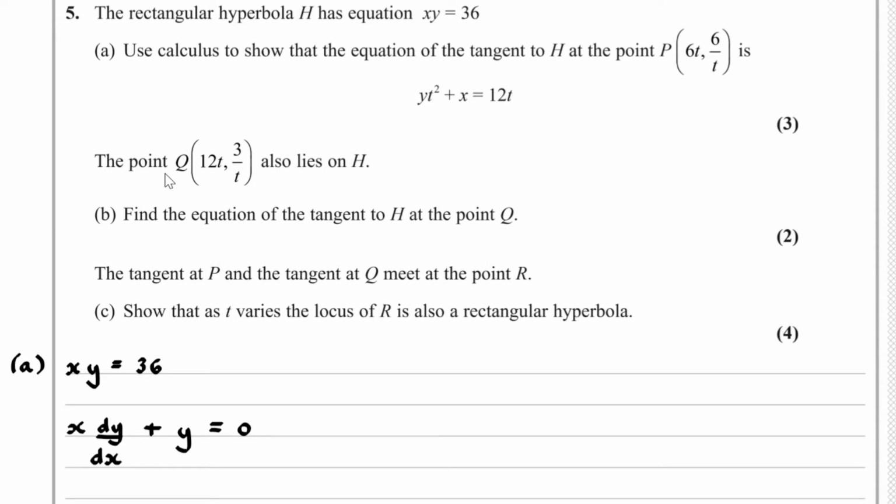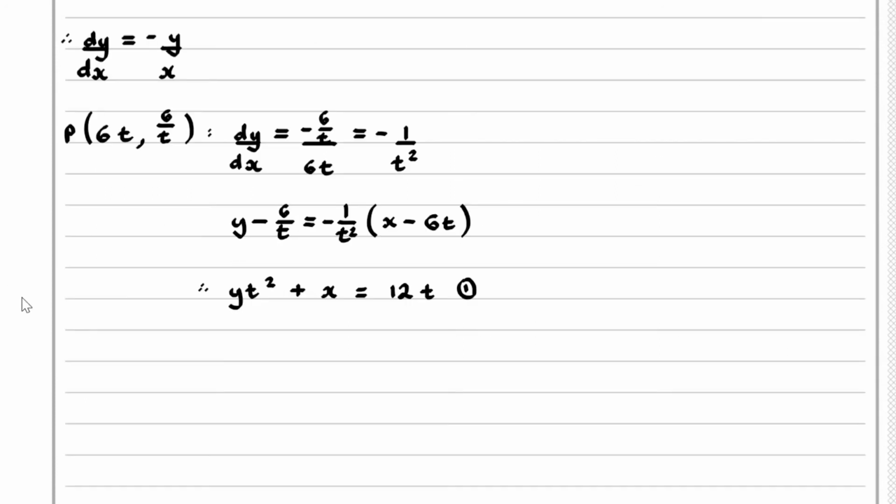For part B of the question, the point Q with coordinates 12t and 3 over t also lies on H. We have to find the equation of the tangent to H at the point Q. Well, we've got the same idea over here. Instead of using 6t and 6 over t, we use the point 12t and 3 over t.